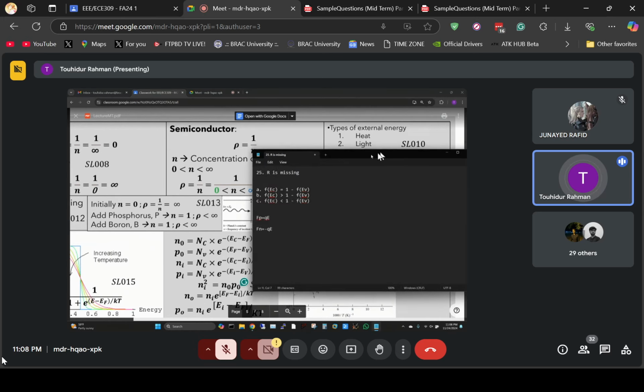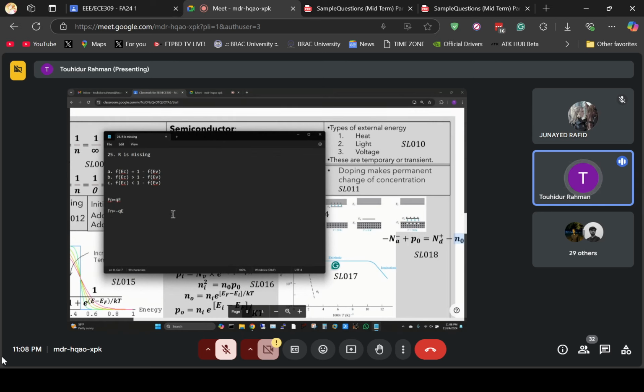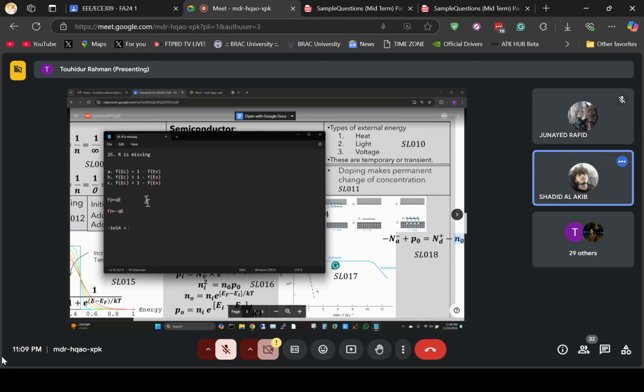Let's see what will happen. What was the acceptor concentration? It was 10 to the power 14 per centimeter cube. So we have a negative sign and acceptor concentration minus 14. And how many holes do we have? 10 to the power 16?